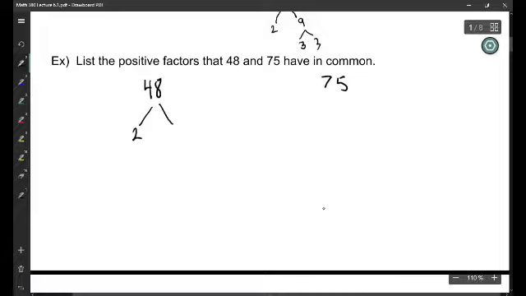And we'll get 24. 24 is also even, so we can divide by 2. We get 12, which is even, so divisible by 2. So we get 2 and 6, and we know that 6 is the product of 2 and 3.